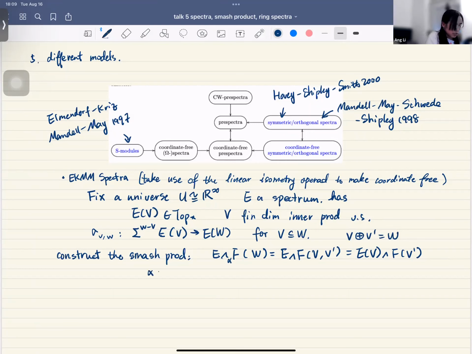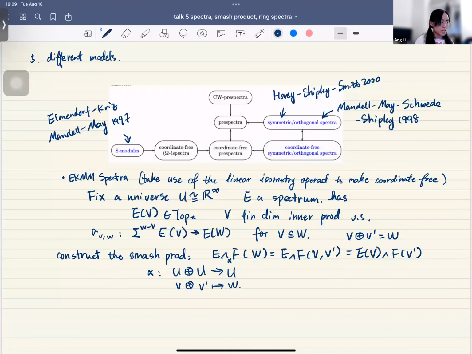This alpha is a map from the direct sum of two copies of your universe back to the universe. Well, we don't want things to depend on a choice.